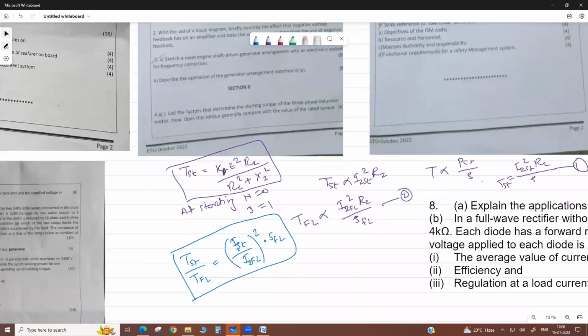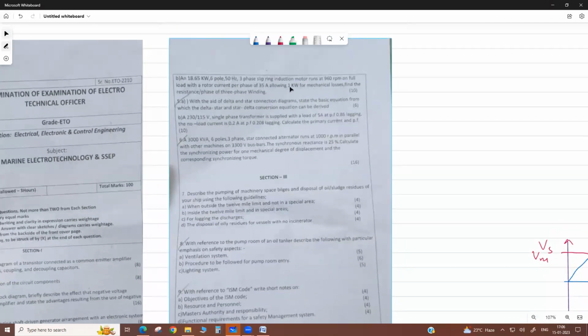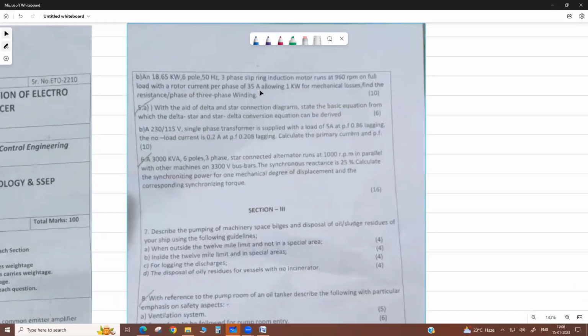Next question. This motor numerical we solved. It is a wound rotor motor. I2 is given. Then he asked for the resistance R2.